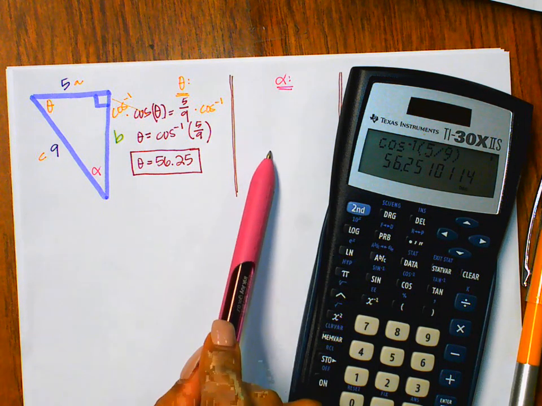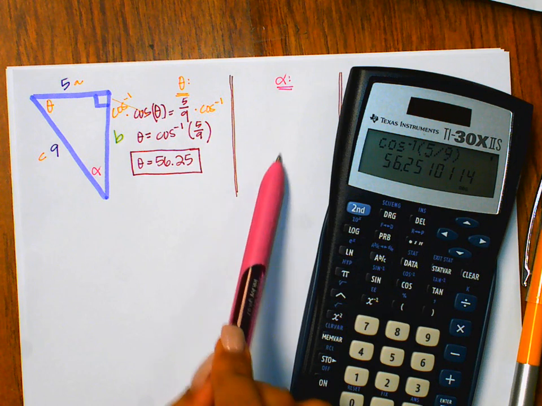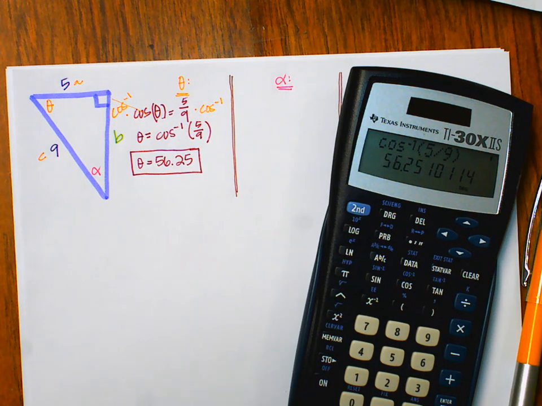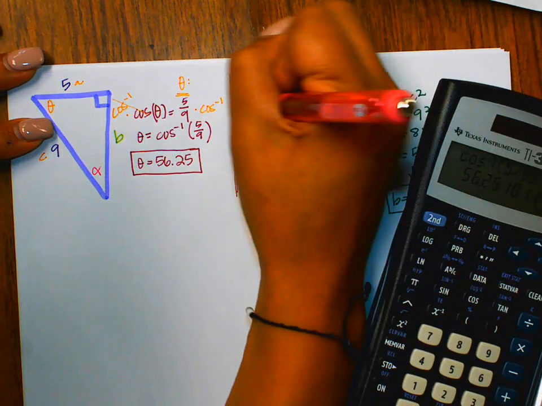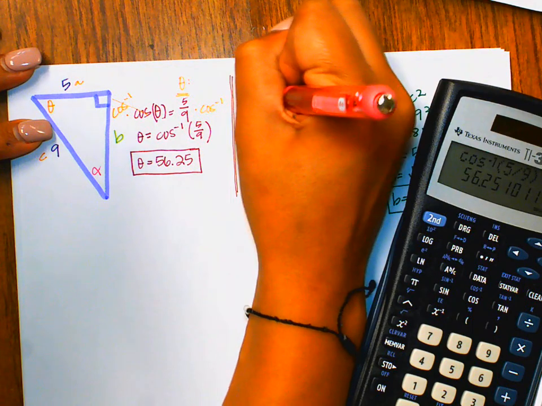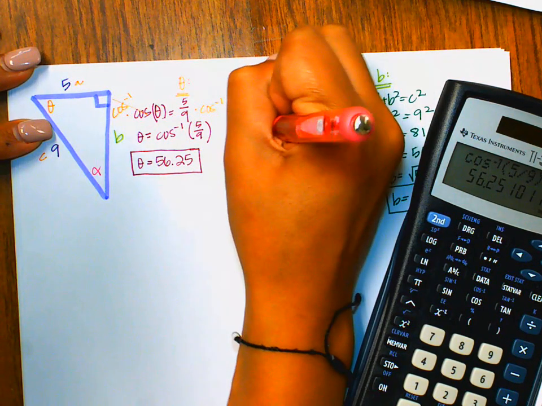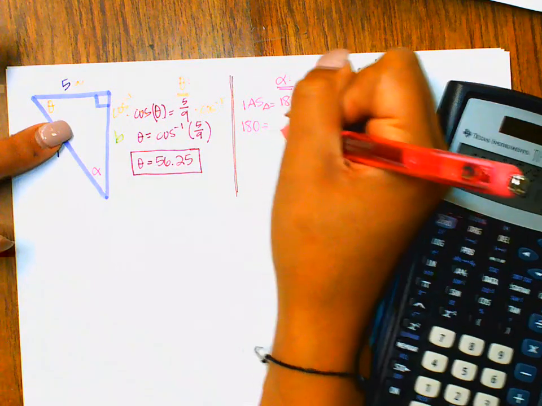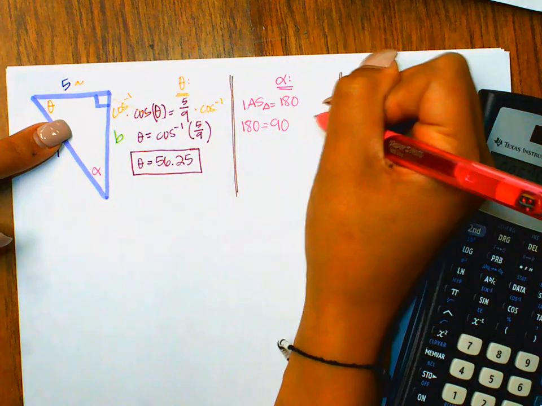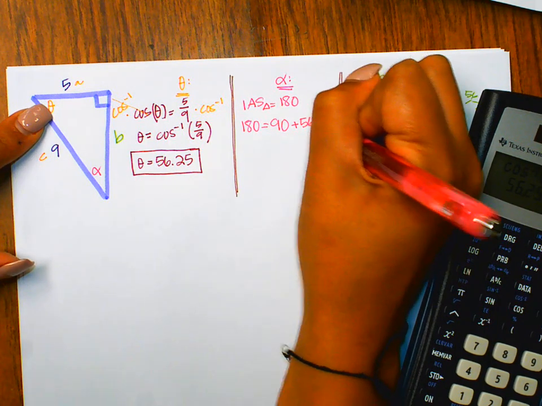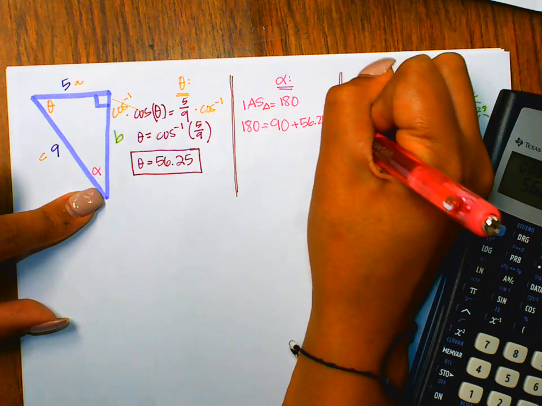Now I can do the same process over here, but I'm not going to because I can just use interior angle sum. So the interior angle sum of a triangle is equal to 180. So 180 is this triangle. I have my 90 degrees plus the theta that I just found, which was 56.25, plus alpha.